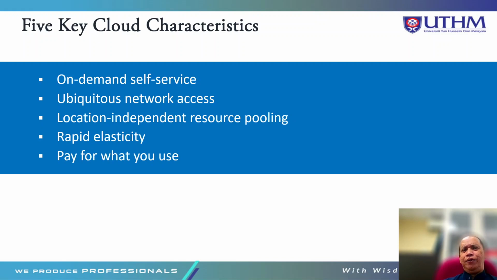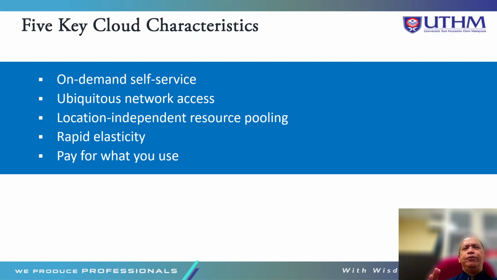So that is ubiquitous network access. What do you mean by ubiquitous network access? Like I said before, as long as you have nodes or devices that have network capabilities and you have the internet, there you go. Any devices, any handheld devices, small or big, as long as they fulfill the protocol for communicating between your device and the service provider, that means a server, you are able to do so.